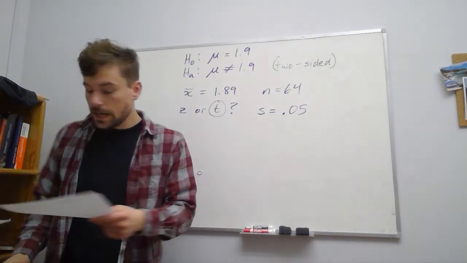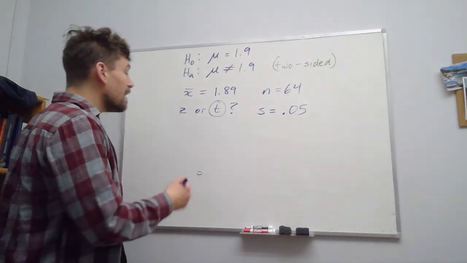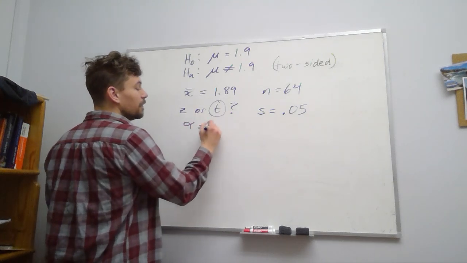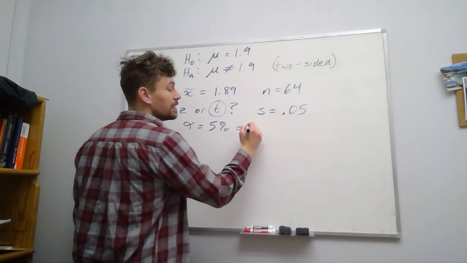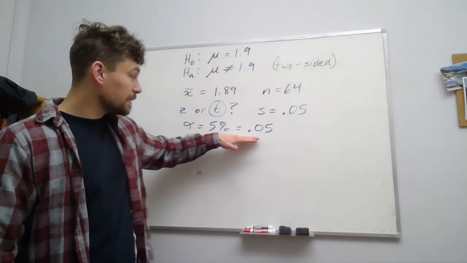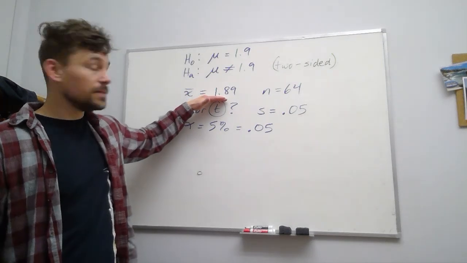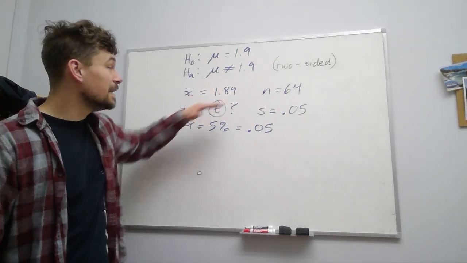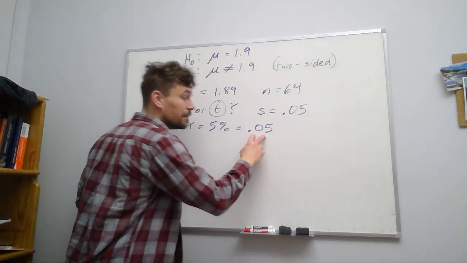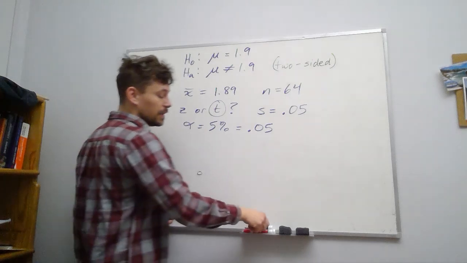So we want to find what our p-value is. We're going to compare it to a 5% significance level. So that means alpha is 5%, or another way to say that is 0.05. Again, this is our cutoff. If we have sample results, so this 1.89, if results like this occur less than 5% of the time under the assumption that the null is true, right?